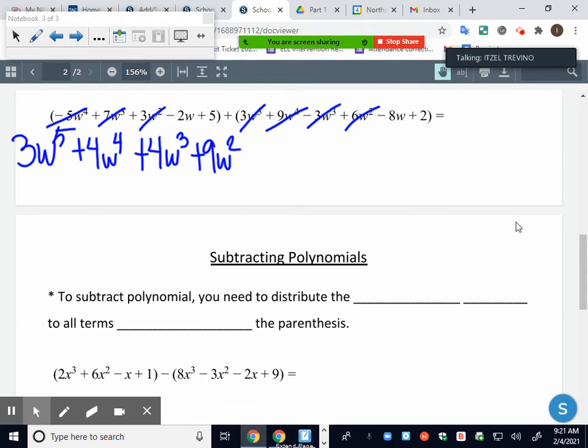Minus 2 minus 8. That gives me negative 10w. And then 5 plus 2 gives me positive 10. Okay? That's it. I added the polynomial together. This is what I have left. I don't have any more terms that are like that I can put together. That's it.